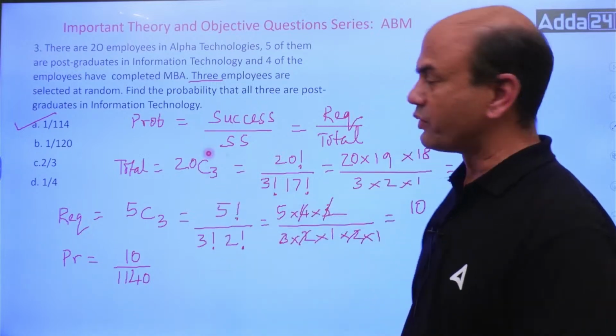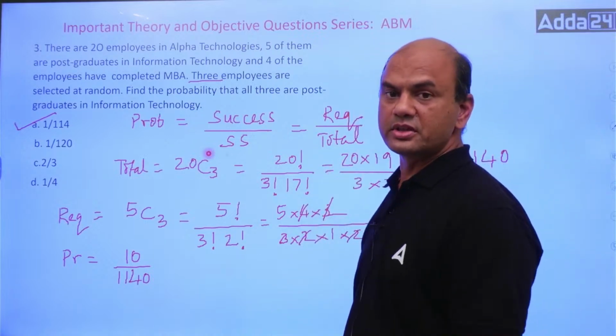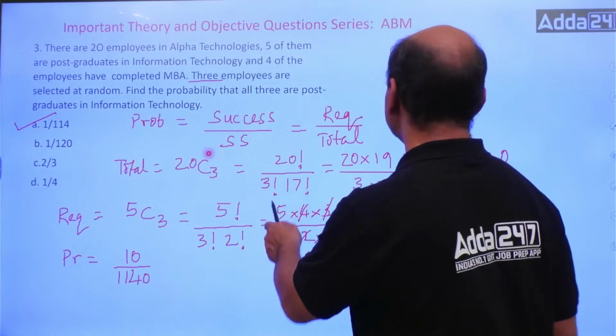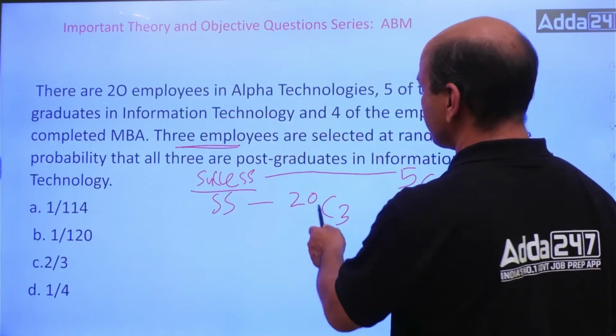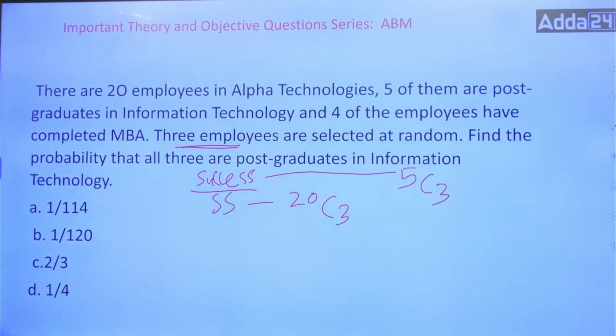20C3. 20C3 means what? 20 factorial upon 3 factorial into 17 factorial. Everyone try to solve this. 17, right? Are you getting this?